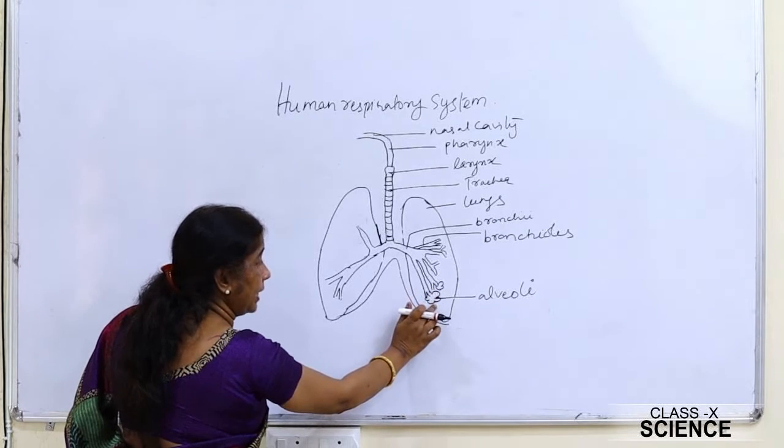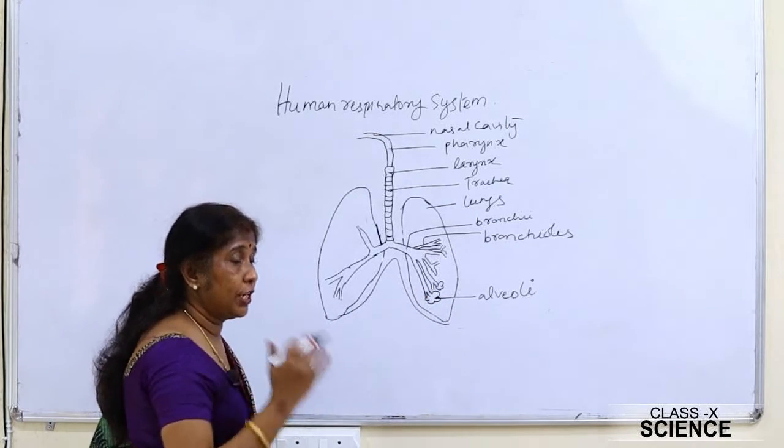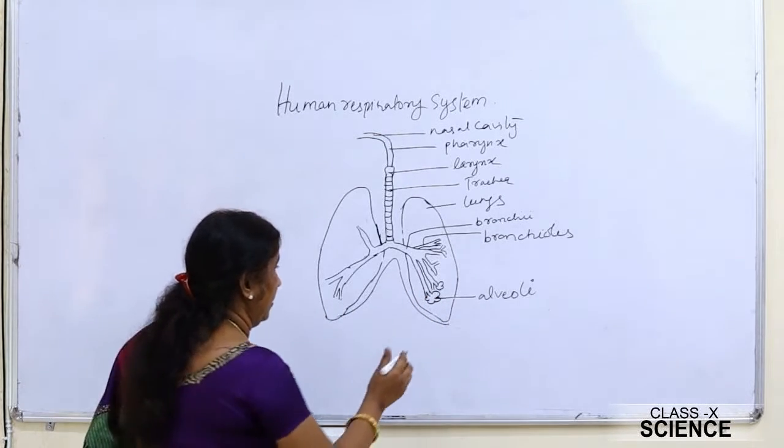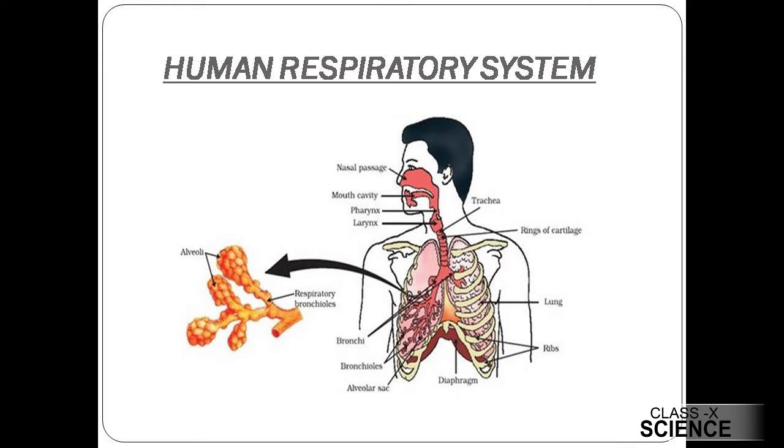It is at the alveoli that the exchange of gases takes place, right? The diaphragm is present just below the lungs. It is a muscular structure that supports the lungs, and both lungs are covered inside a rib cage made up of small bones called ribs, right?